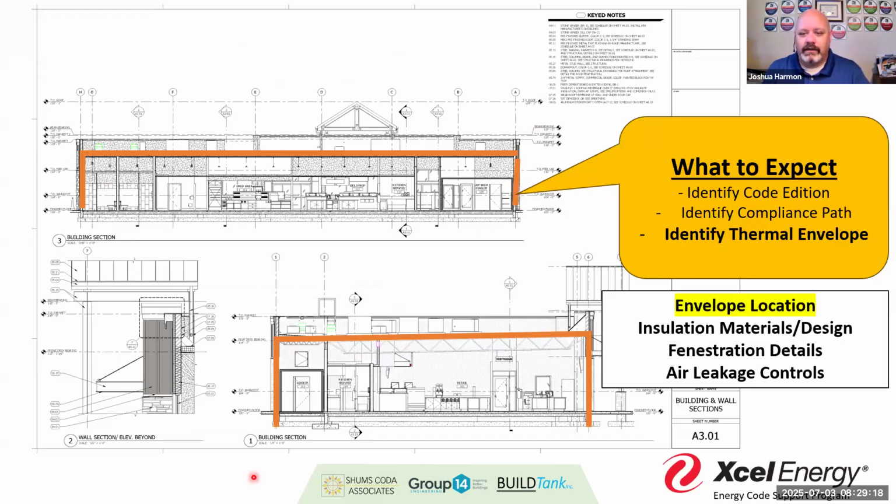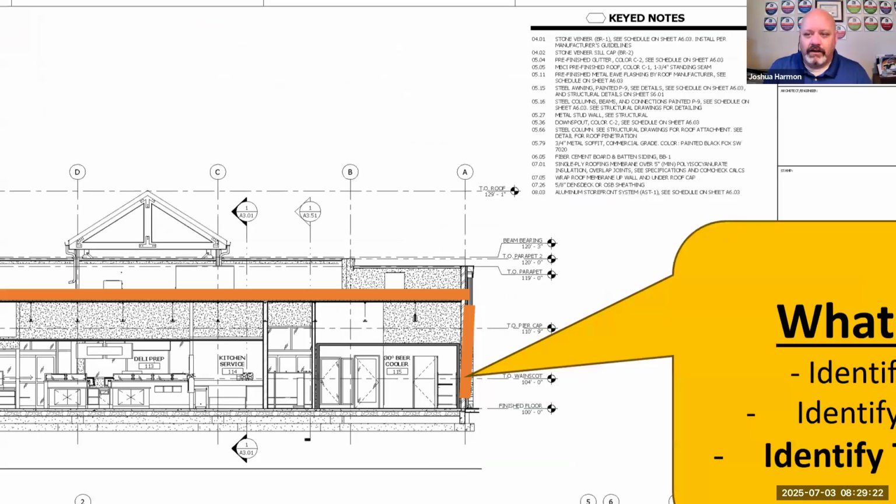So I can maintain continuity. One of the things that we want to make sure of is we don't have a gap like we see here in this left wall, on this right side wall, right? We see it doesn't go all the way to the bottom of the footer, and at least in the drawing, it's not creating that continuity.